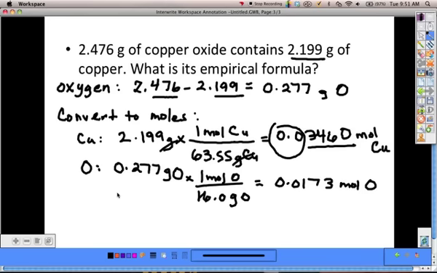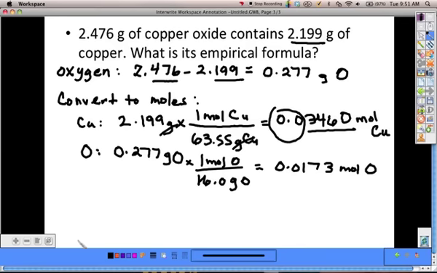Okay, now I need the most simple ratio. So what I'm going to do is divide each by our smallest number. So my ratio of oxygen is just going to be 1, because I'll take 0.0173 divided by 0.0173.